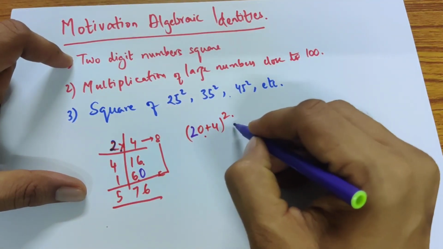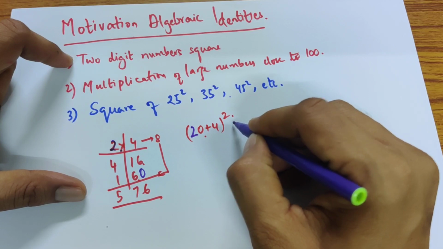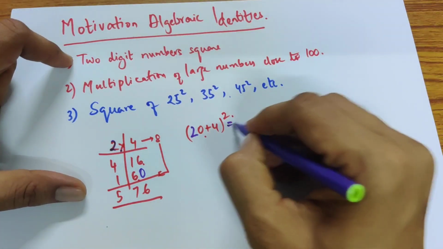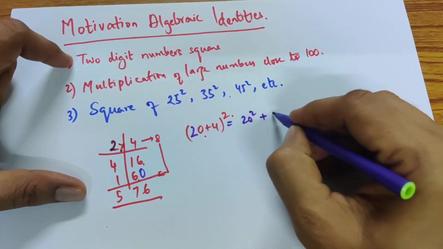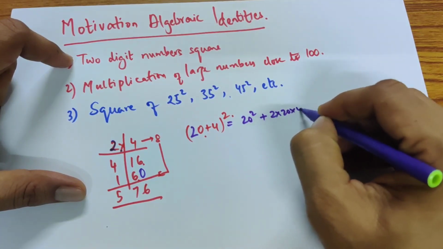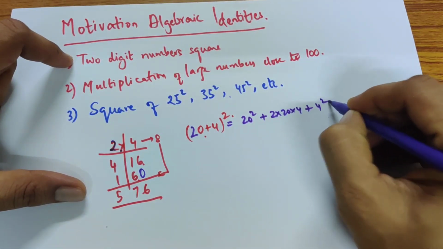So it is a square, which is 20 square, plus 2 times 20 times 4, plus 4 square.